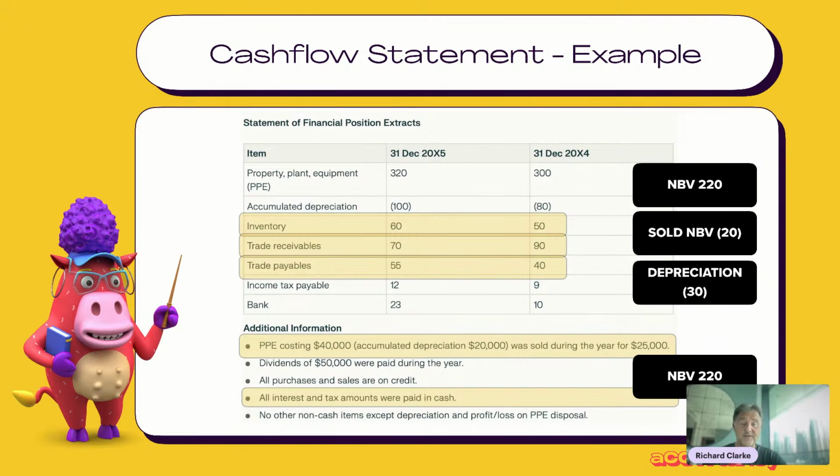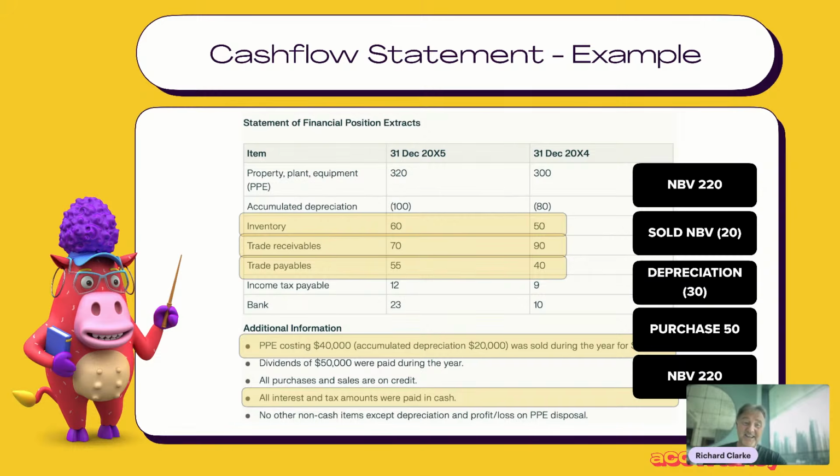That's all that's happened. So if your net book value was 220 to start with, then you sold something with a net book value of 20, then your net book value should be 200, but then you depreciated it by 30, so your net book value should be 170. But your net book value at the end is 220. So how have we gone from 170 to 220? We must have purchased some.